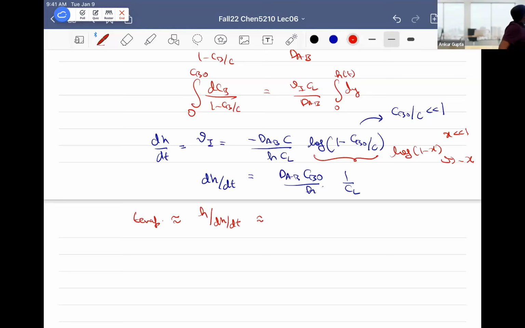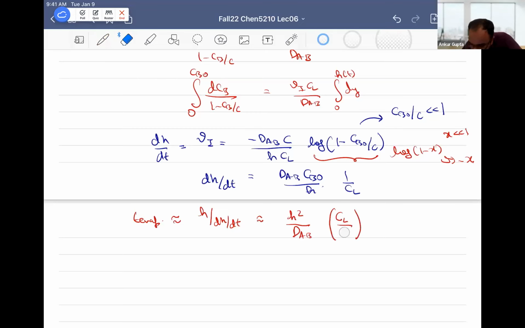And if you do that, what you will find is it will come out to be H squared by DAB CL by C CB naught. Okay. So this is height by speed, right? Just to get a sense of how fast the height is changing. You get this as a formula. I believe that is what we should get.